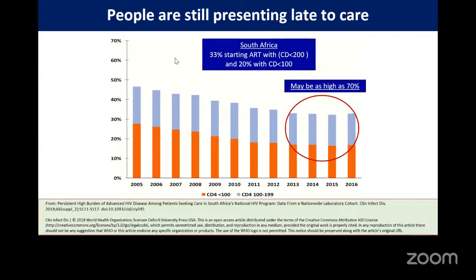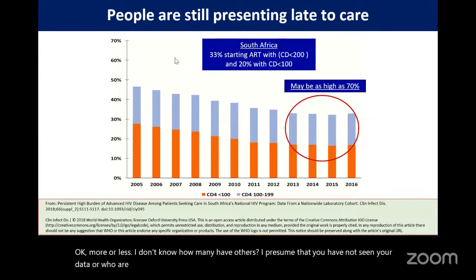Okay, more or less, I don't know how many have. Others, I presume that you have not seen your data, or who those patients are. You may not even be sitting in your ART centers to understand what is happening and why this is.